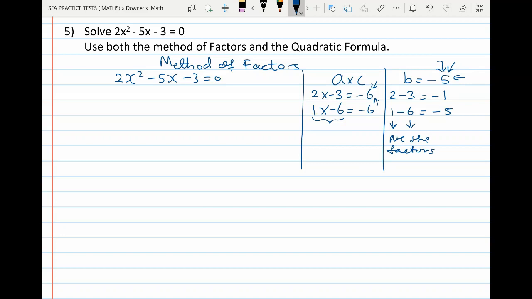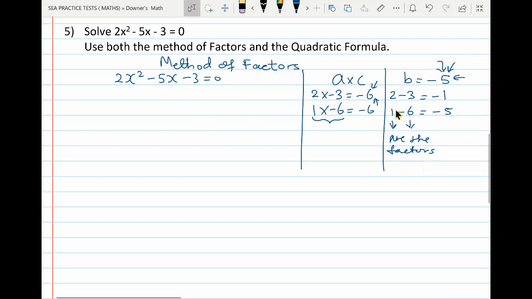So we're going to take these two factors, 1 and minus 6, and we're going to use the two of them here in this position. So we're going to use 1x and minus 6x to replace the minus 5x, because the mathematicians have told us that once we do that, we'll be able to solve the resulting equation using the method of factors, using factorization by grouping. So let's do that.